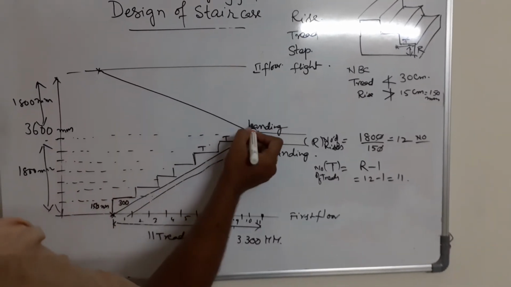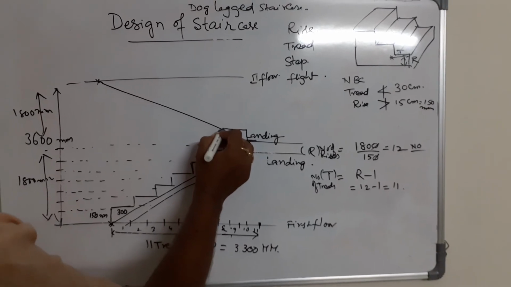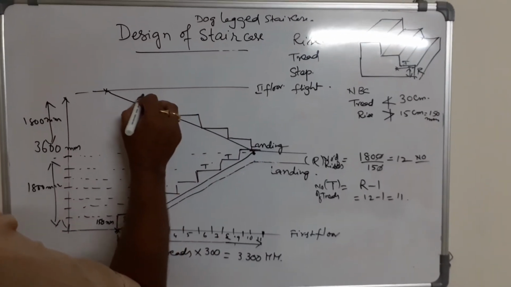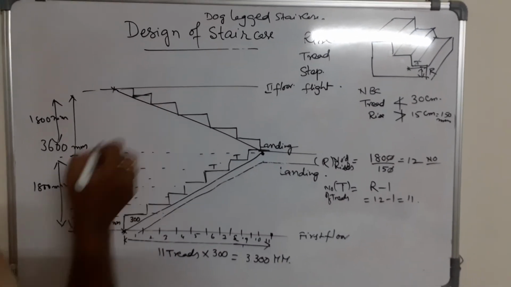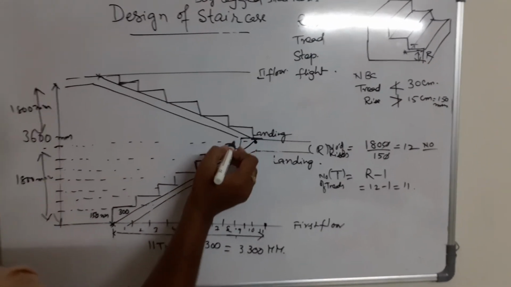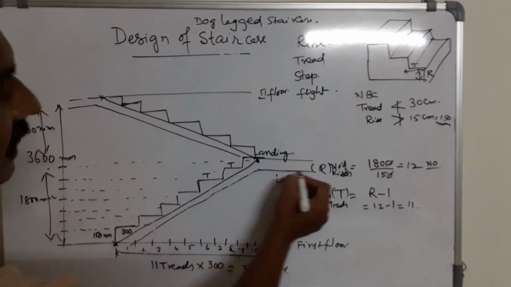Again the same procedure. Rise 150, horizontal 300, 150, 300, 150, 300, 150, 300, 150, 300, 150, 300. And this is the base slab. And this is called the landing.